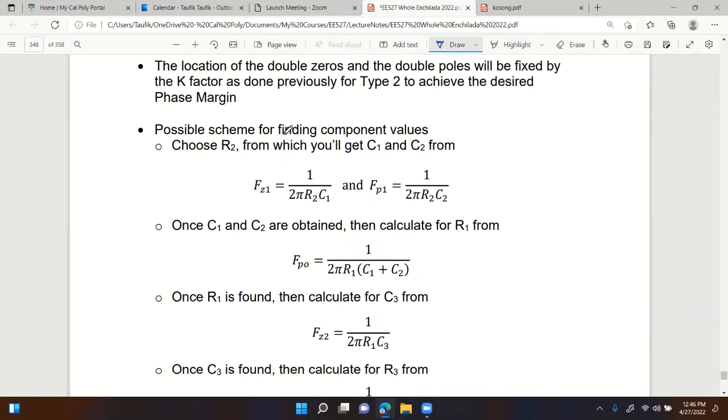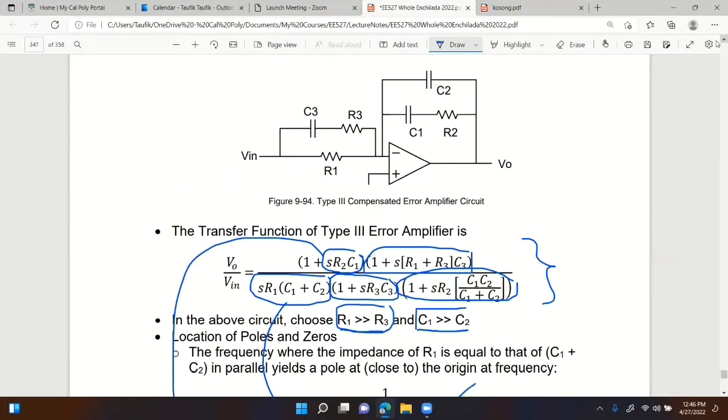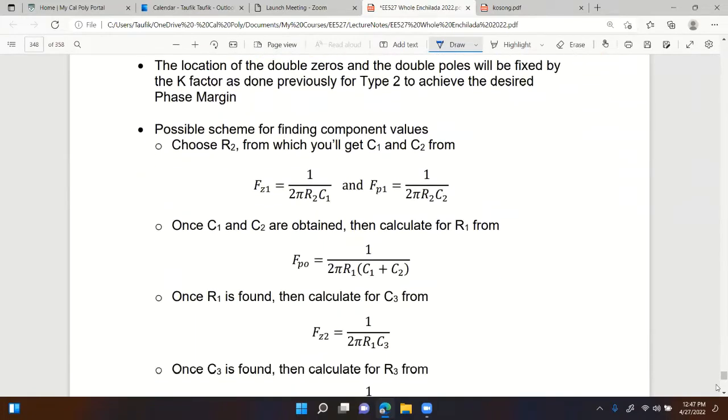So here's a possible scheme for finding component values. How many values do we need? Let's check: 1, 2, 3, 4, 5, 6. So I have R1, R2, R3, C1, C2, C3, so 3 resistors, 3 capacitors. How do we get R2? This is just one method to size those components.